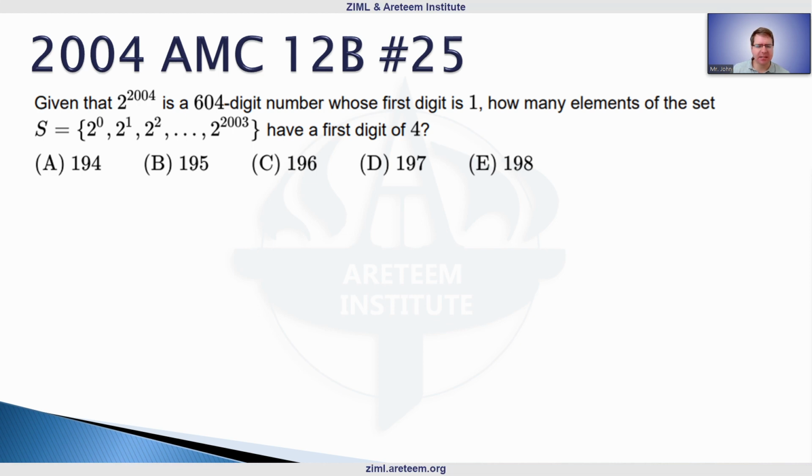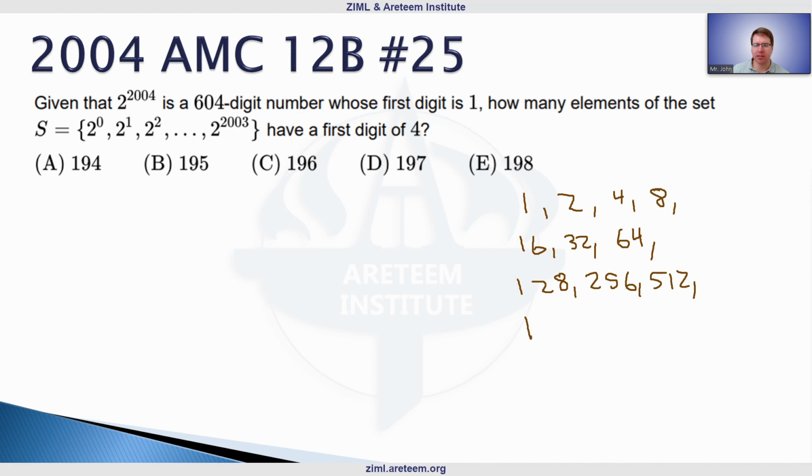Now, I'll erase some of this work in a moment, but if we just start writing out some powers of 2, we have 1, 2, 4, 8, then we have 16, then we have 32, 64, then we have 128. Notice here, I'm writing these out in kind of a specific way as well. We have 512, I'll stop here with 1024.